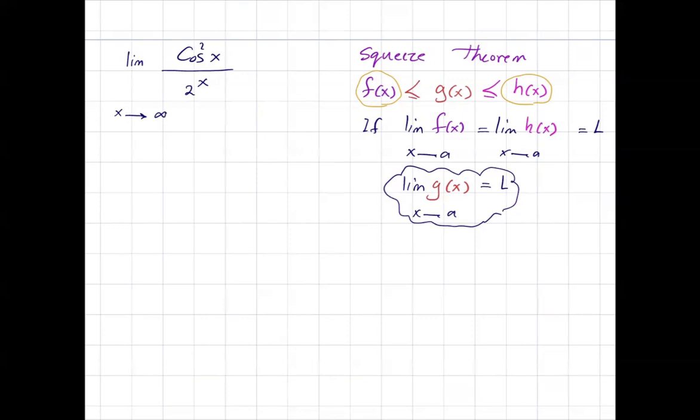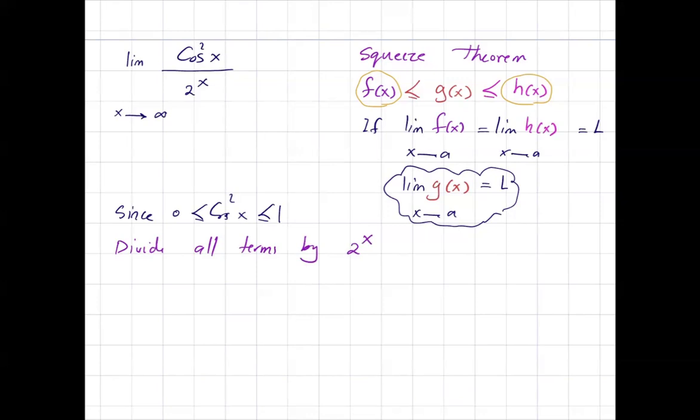So since cosine squared of x is bounded between 0 and 1, if we divide everything by 2 to the x, then we know how to analyze the left and the right function. Divide all terms by 2 to the x.